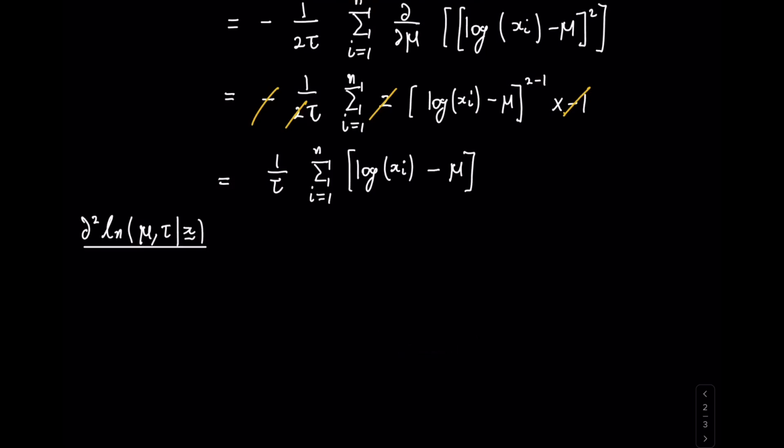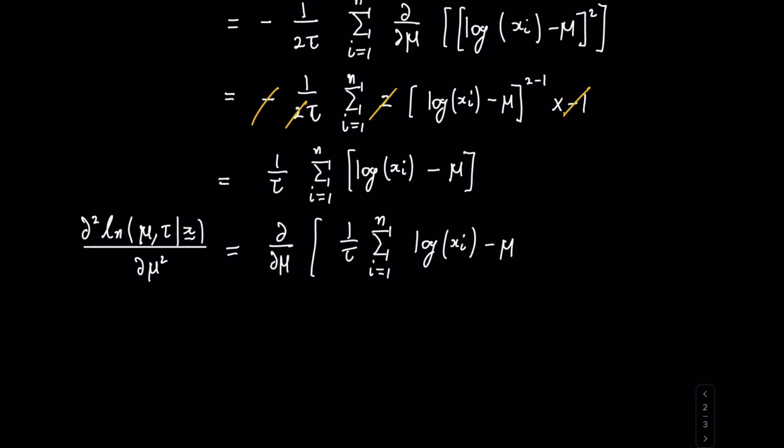And we can do that with respect to mu twice. And of course, the second derivative is just the first derivative of the first derivative. So we can write d on d mu of 1 over tau, sum i equals 1 to n of log xi minus mu, again in brackets here.